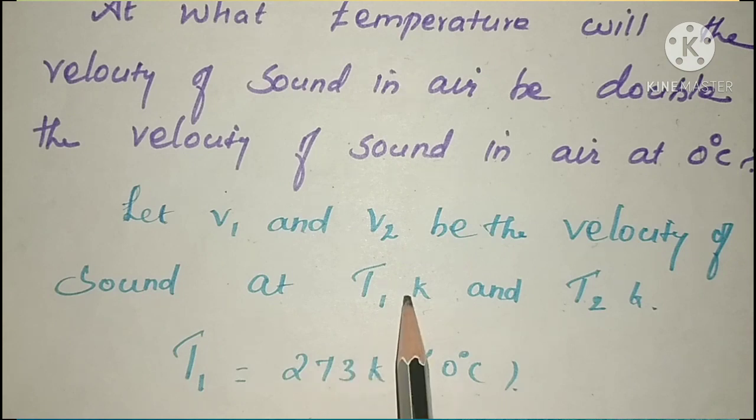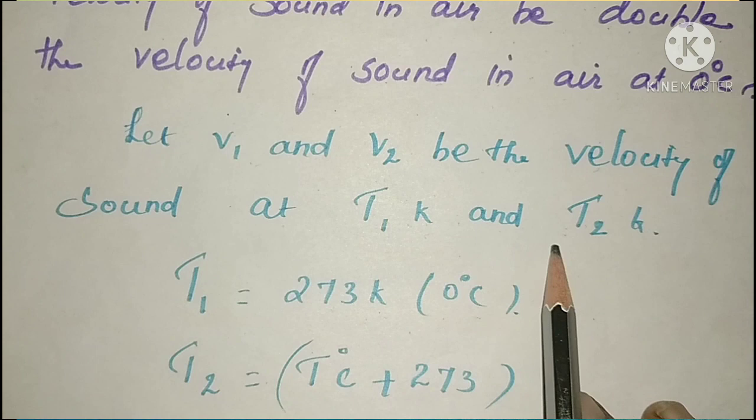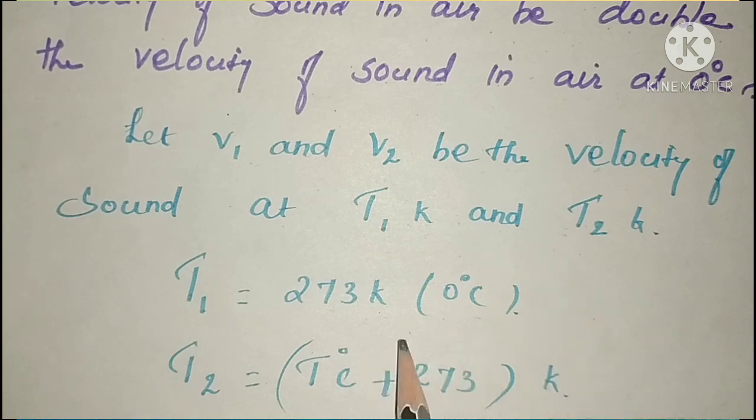For the second temperature T2, we have to add 273 Kelvin to that particular temperature, then only we can get the temperature in Kelvin.